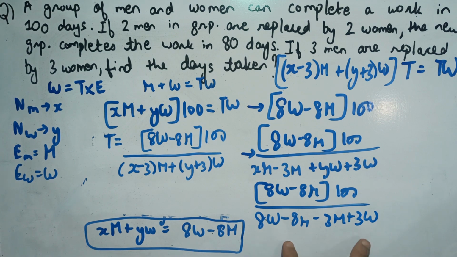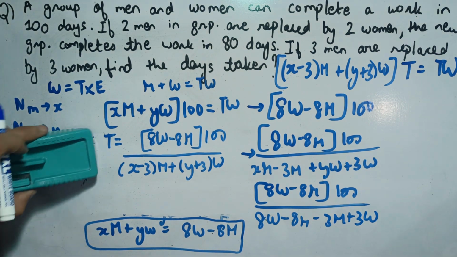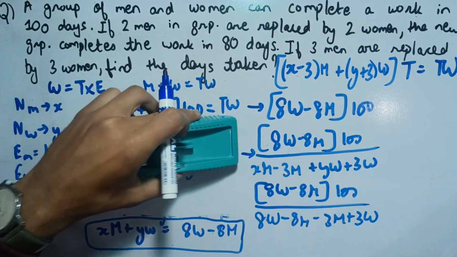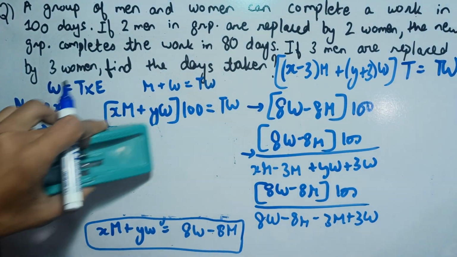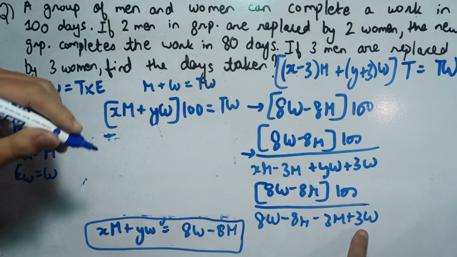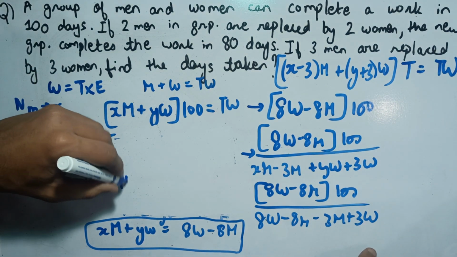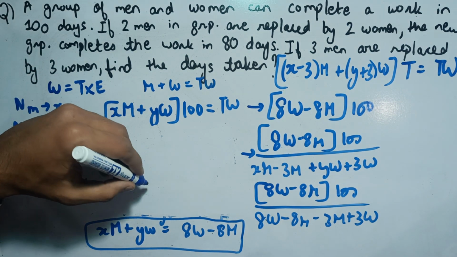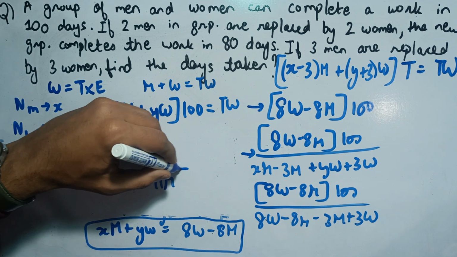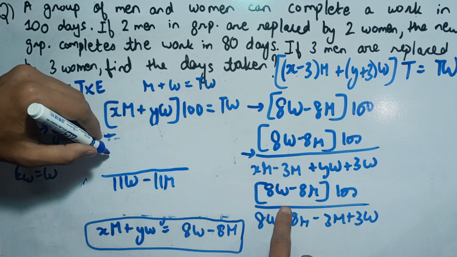We are left with 8W plus 3W. Now we can rub this, we don't need this equation now. Yes, what are we left with? 8W plus 3W, that is 11W, minus 8M minus 3M, that is 11M.